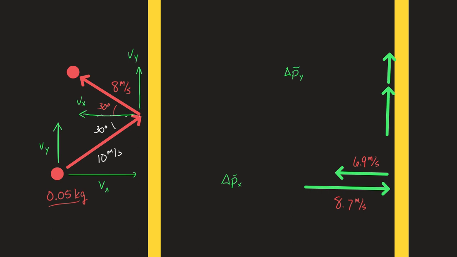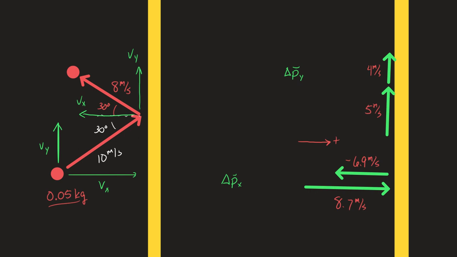Did you pick one direction to be positive and one direction to be negative? So if we make this way positive, that one's got to be negative. And in the y direction, the ball was traveling at 5 meters per second upwards. And then after the collision, it was traveling at 4 meters per second. So this is all I got to do.